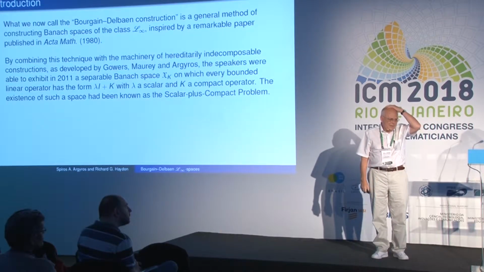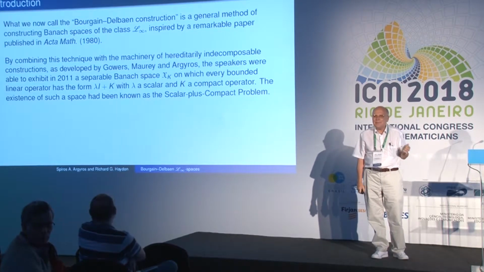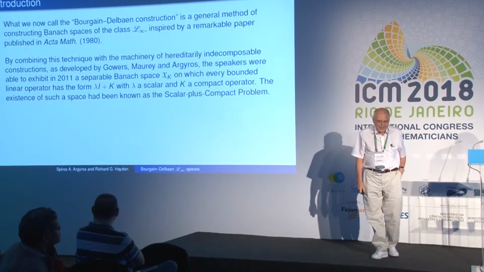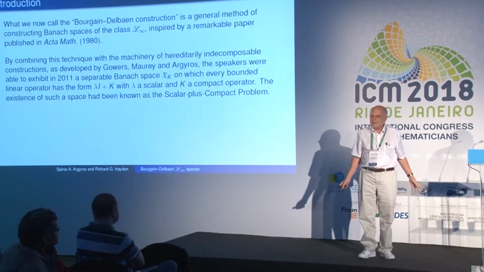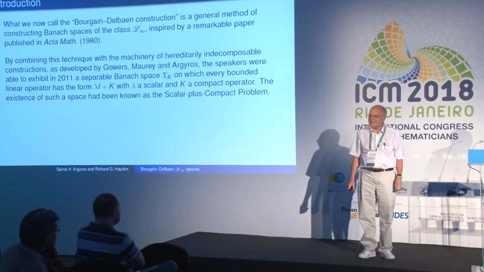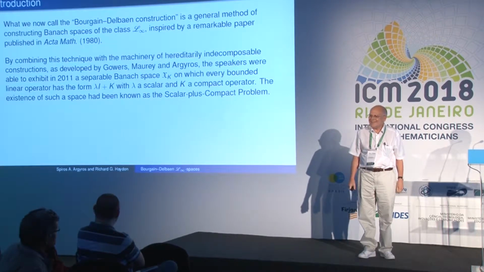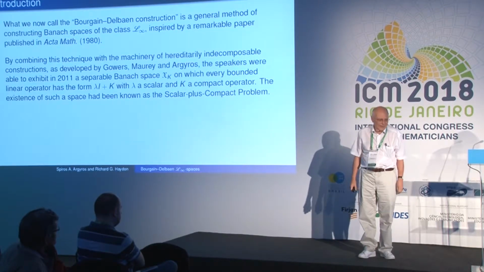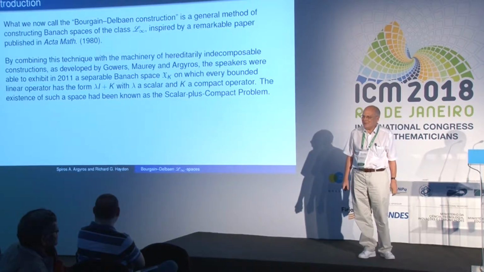So, the story goes back to a remarkable paper of Bourgain and Delbaen published in 1980. A sort of theme of the talk is that a really good counterexample shouldn't be thought of as a dead end, but a door that opens on a new and enriched theory. But that sometimes takes a bit of time to become clear.